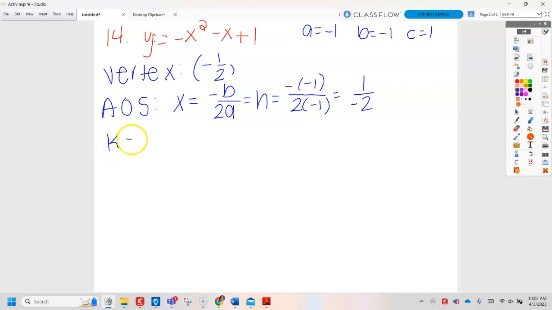My k value takes that vertex point and plugs it in. So you have 1.5 minus 0.25 or 1.25.